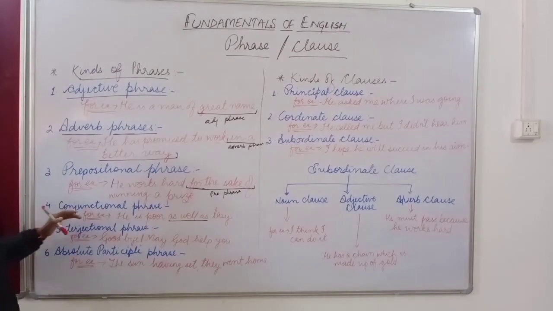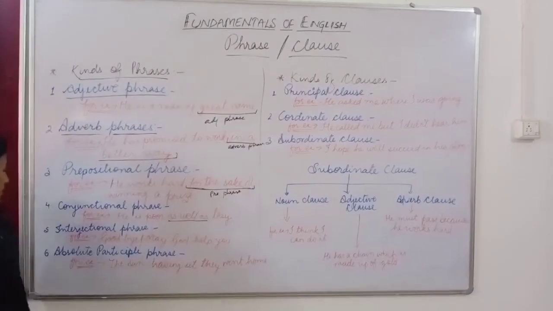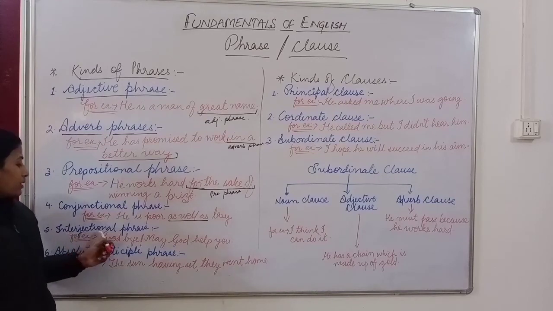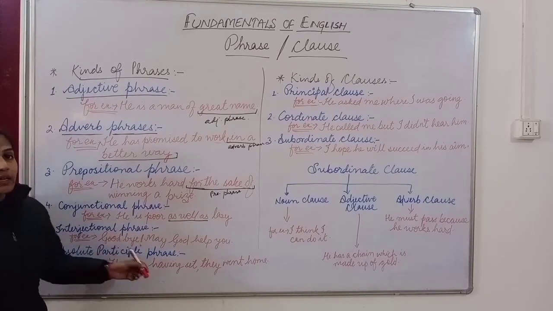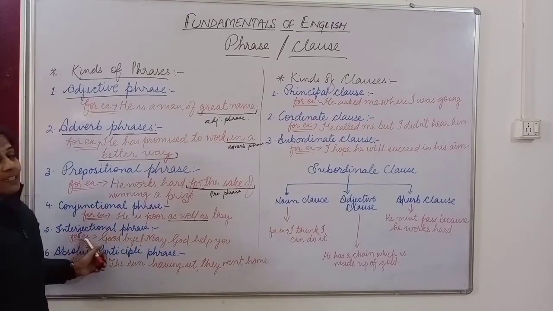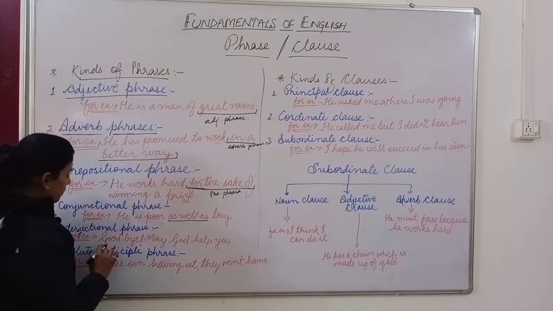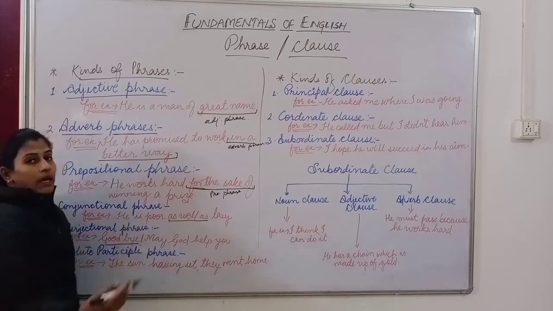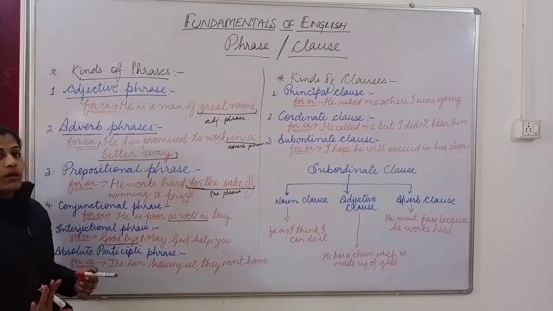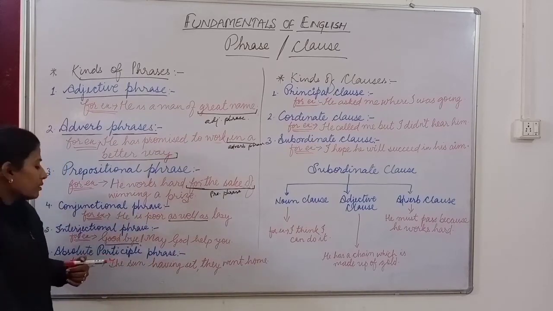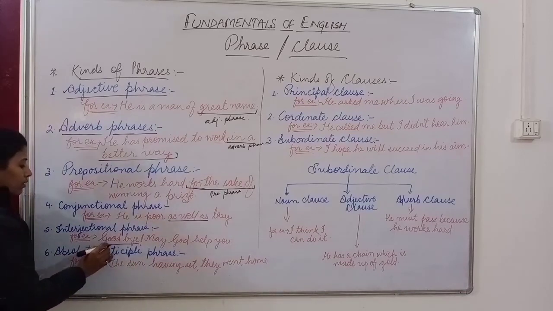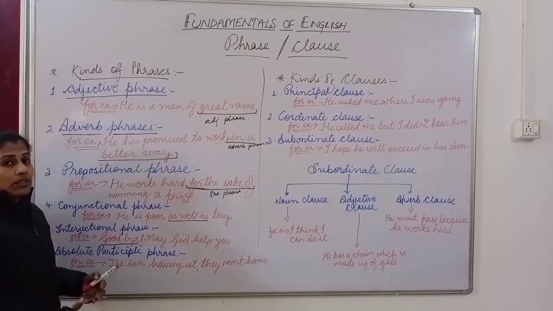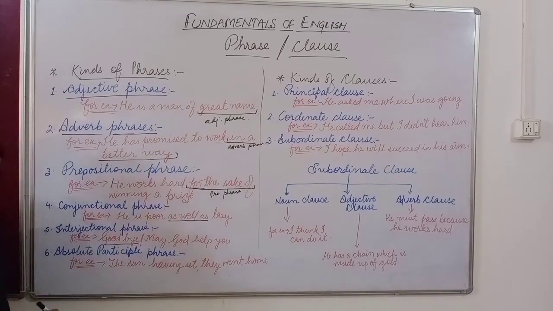So it is a conjunctional phrase. Next is your interjectional phrase. It performs the function of an interjection, that is, goodbye, may God help you. We use it to stop the other person or to continue the conversation.